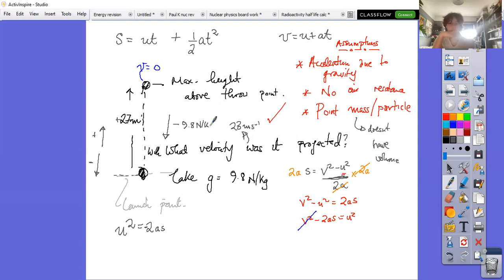Is that making sense so far? Yeah. Good. Now, if I use this formula, this says u squared is equal to minus 2as. And if I use that, the minus is still fine because my g is a minus 9.8.